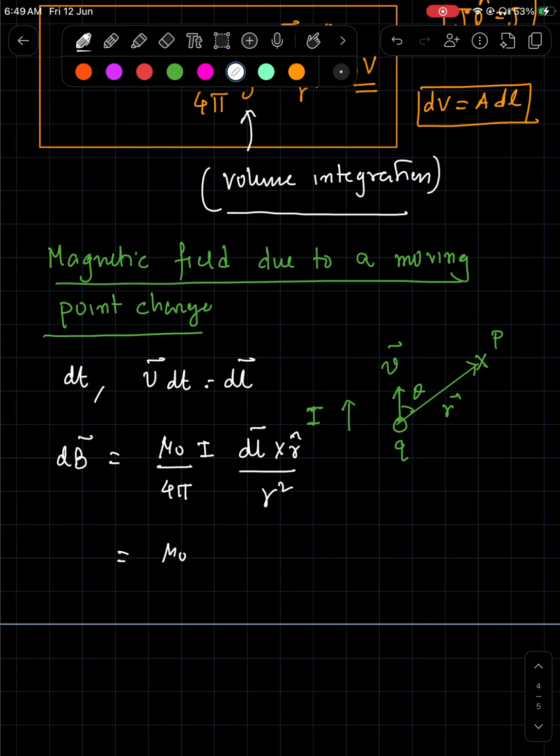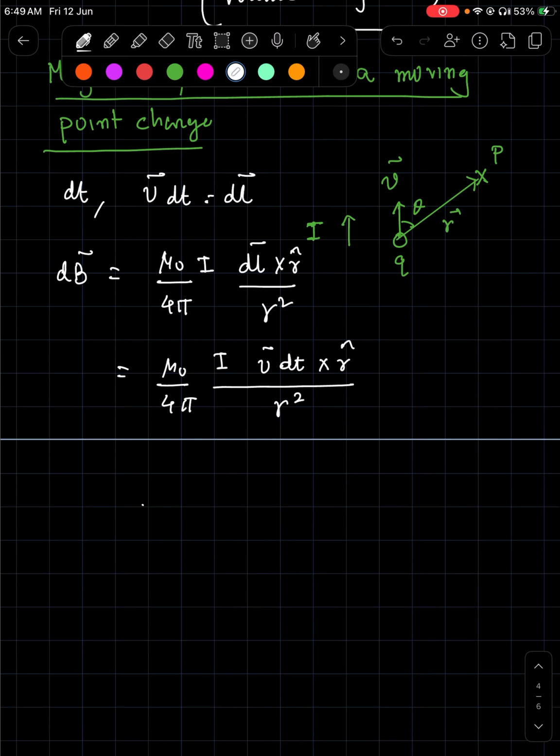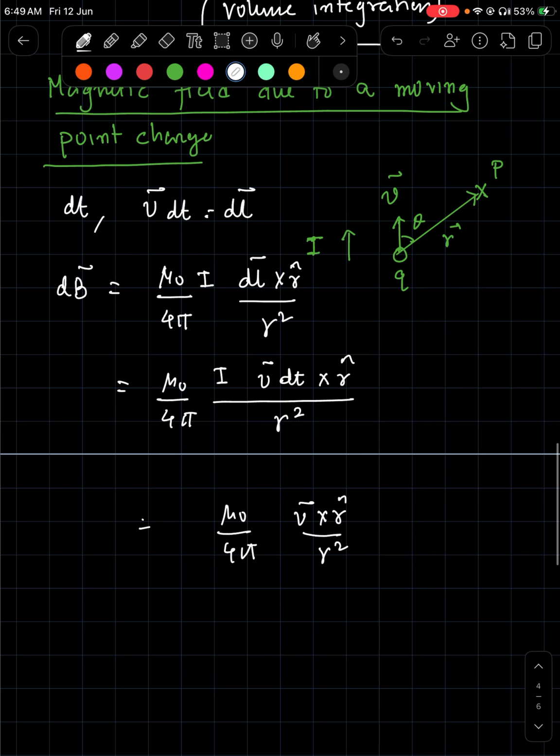So dB is I, and I'm writing v dt in place of dl, cross r cap by r square by 4 pi. So mu naught by 4 pi, v cross r cap by r square is common. They are all constants, and I dt is remaining.